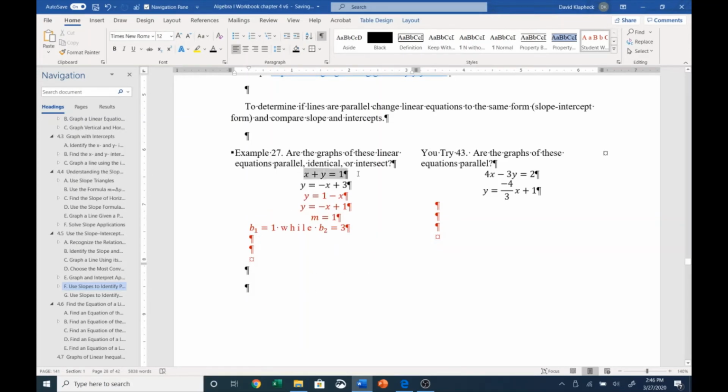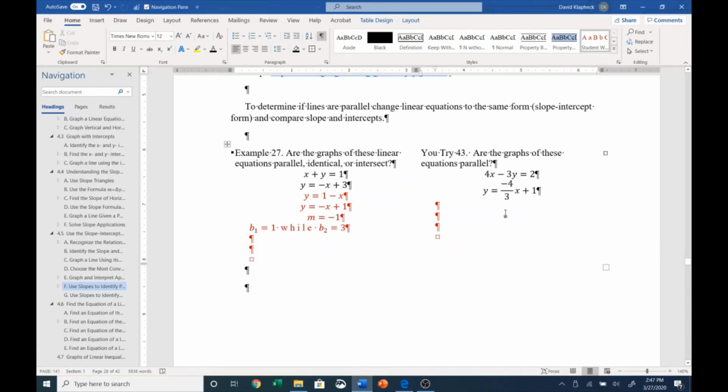Changing this equation into slope-intercept form, y equals negative x plus 1. My slope on both of these is negative 1, while the first line has a y-intercept of 1 and the second has a y-intercept of 3. So these two lines are parallel to each other because they have the same slope but are different.